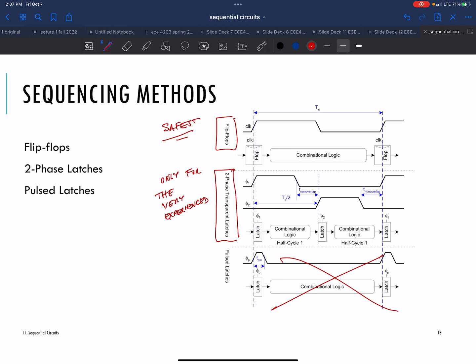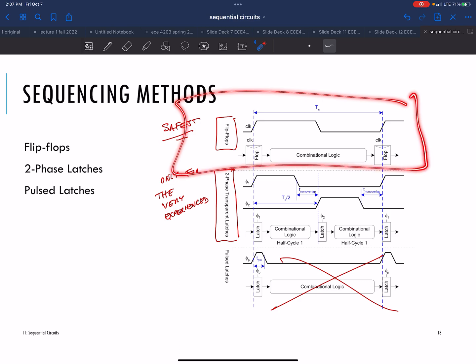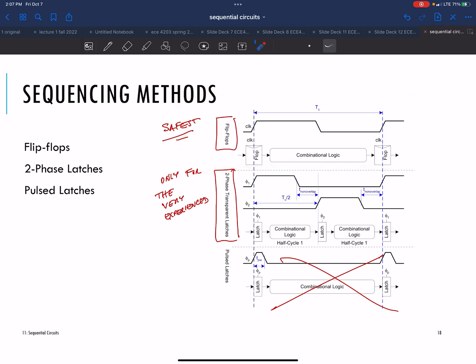Each one of these has a different way of sequencing. Let's take a look at the case of the flip-flop first. We have layers of flip-flops. We've only shown one flip-flop here, so one layer, two layers, and in between you have a bunch of combinational circuits, and you're synchronizing them with the flip-flops.